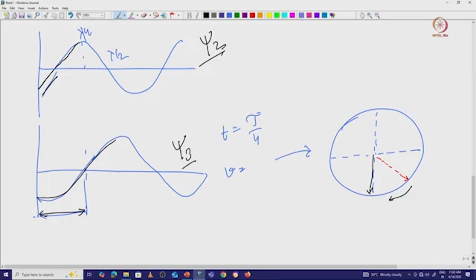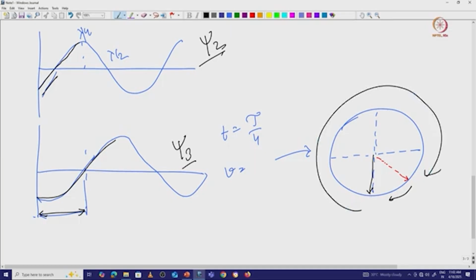This is called the phasor diagram. The phase we are representing, the phasor diagram we are showing here, changes from one direction to another direction.